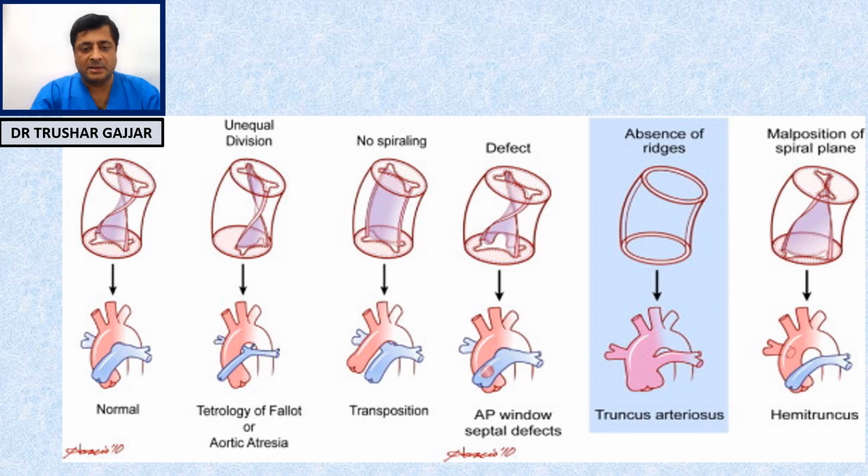If there is no spiraling, a straight septum will lead to transposition of great artery. A defect in the spiral septum leads to the aortopulmonary window. Non-formation of the aortopulmonary septum will lead to truncus arteriosus, and malposition of the spiral septum will lead to the formation of hemitruncus.